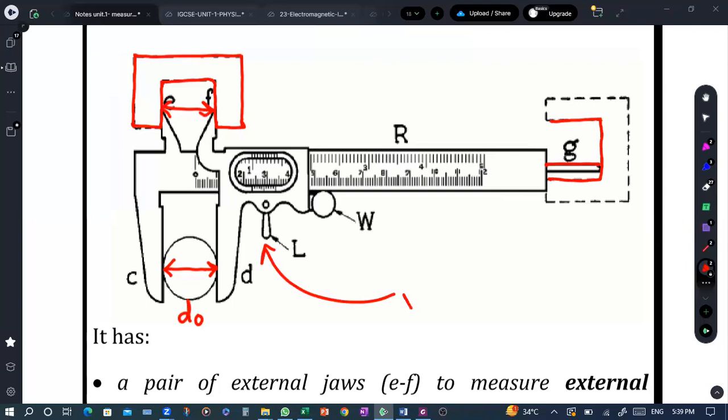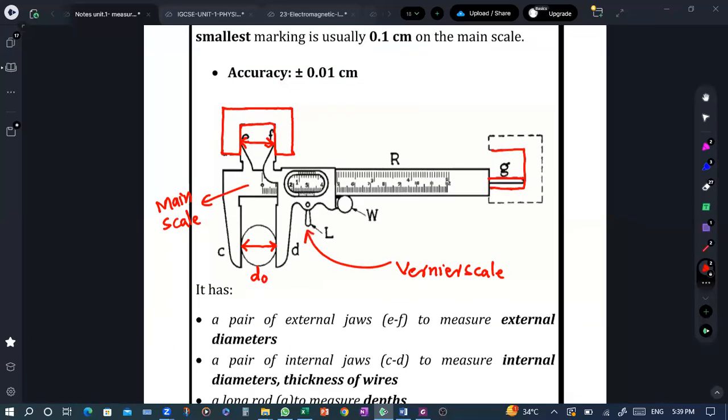This sliding scale is called your Vernier scale. And this fixed scale is called your main scale. These are the instruments which are used to take readings with the help of two scales, not a single scale.